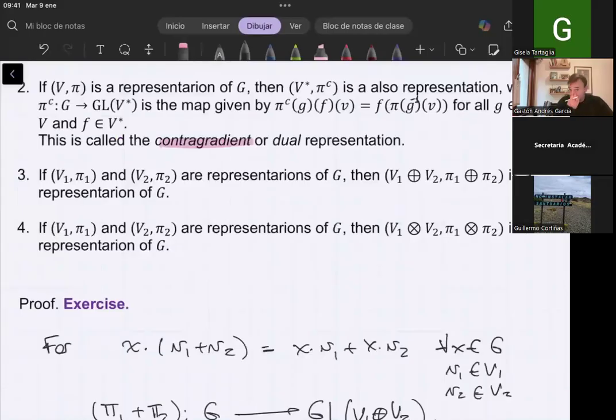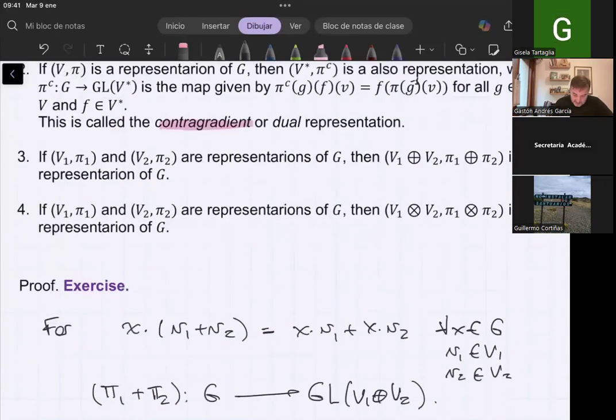Another way of getting another representation is not to consider the direct sum, but the tensor product. If you don't know what the tensor product is, you should know by now. If not, you have to read it before the SIMPA school starts.